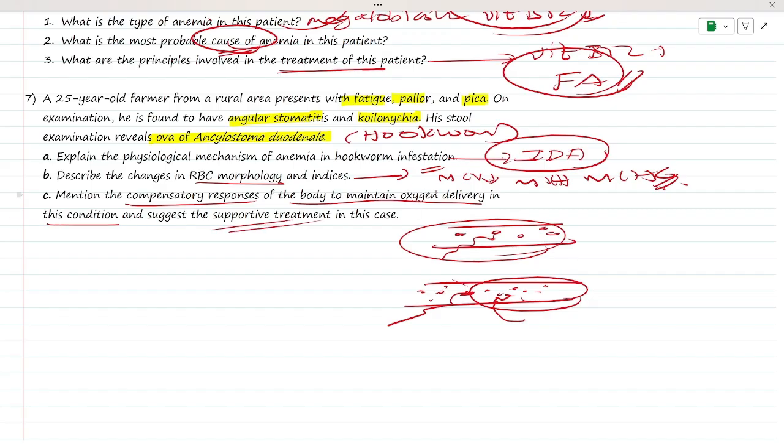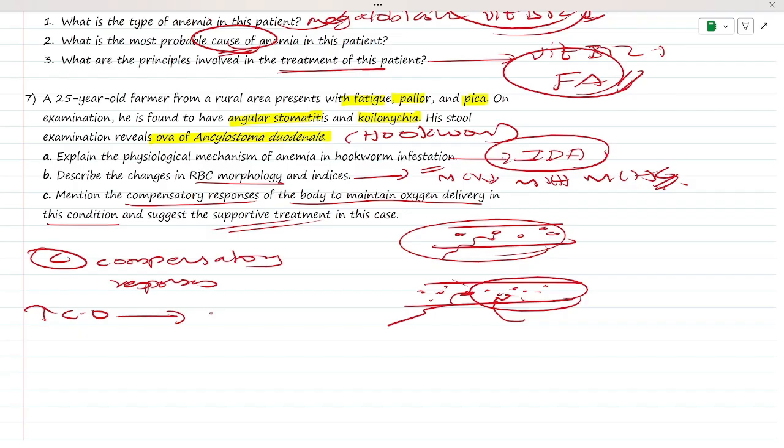Okay, now this is an interesting question. Question number C: what might be the compensatory responses? Please pay attention. Compensatory responses in iron deficiency anemia due to hookworm infestation. First, there will be increased cardiac output. It is one of the compensatory mechanisms. Why is cardiac output increased?